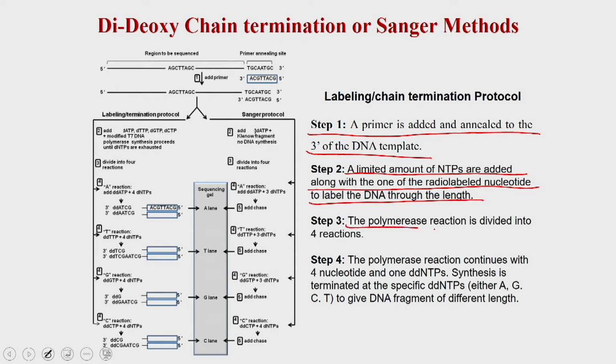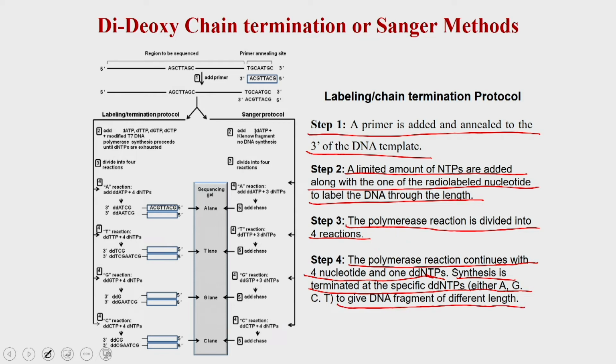Then you add the polymerase reaction into the 4 reactions, and do exactly the same as discussed for Sanger's protocol. The polymerase reactions continue with the 4 nucleotides, and one of them will be the dideoxynucleotide, and synthesis is terminated at the specific dideoxynucleotide to give DNA fragments of different lengths.